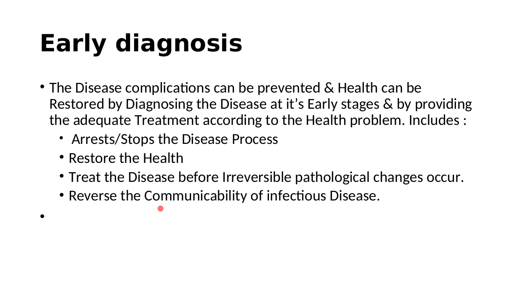Another one is to reverse the communicability of infectious diseases. That's why I was saying, if you treat a person early and the person is having, for example, COVID-19, or a disease that is communicable to other people, then you're stopping or reversing the spread of that disease.